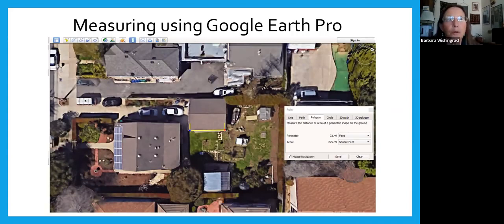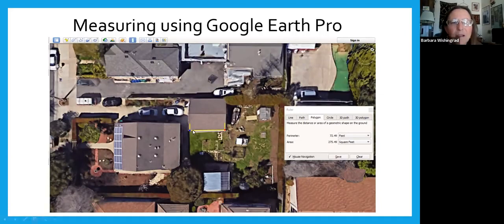So you hit the ruler, which is one of the tools, you can see it on the upper left. And then when you get your ruler, you hit polygon. And if you go to area and you choose square feet, then you'll just have to follow through. You can click a dot on, okay, you see here, there's a garage, which is behind the house, and there's a blue dot and a red dot and some yellow lines.